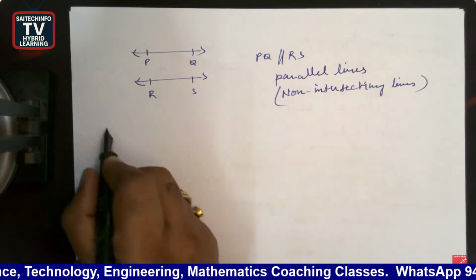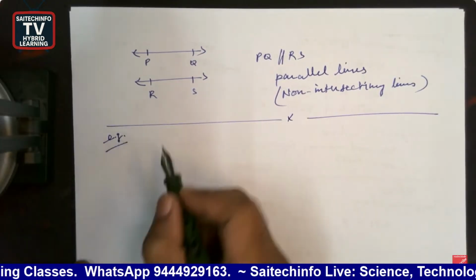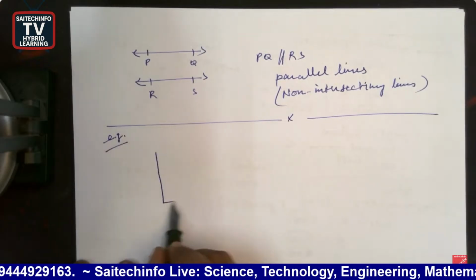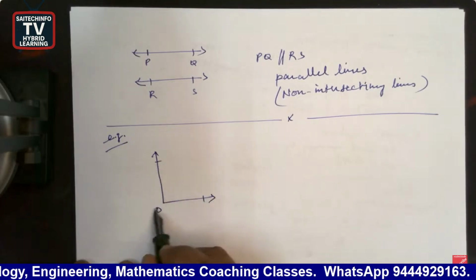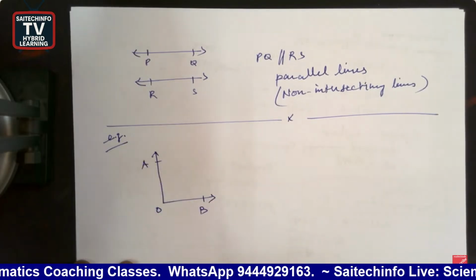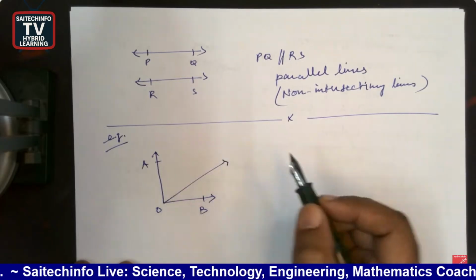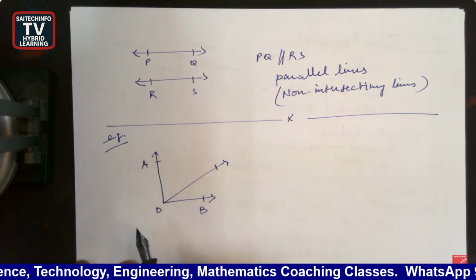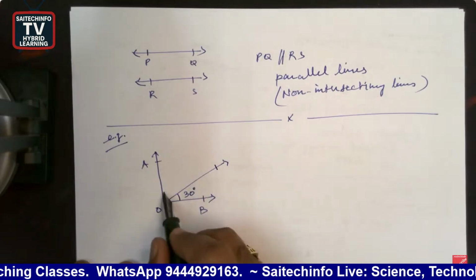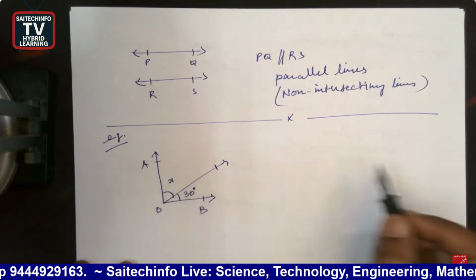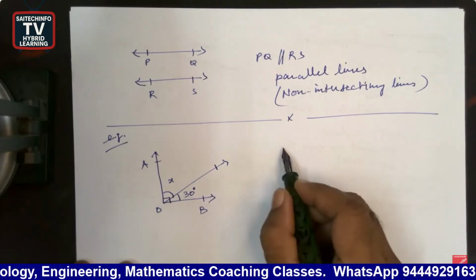Now let us work out some examples. I have an angle AOB. So in between I have another ray OC. It is 30 degree. What is X? And this is given as 90 degree.